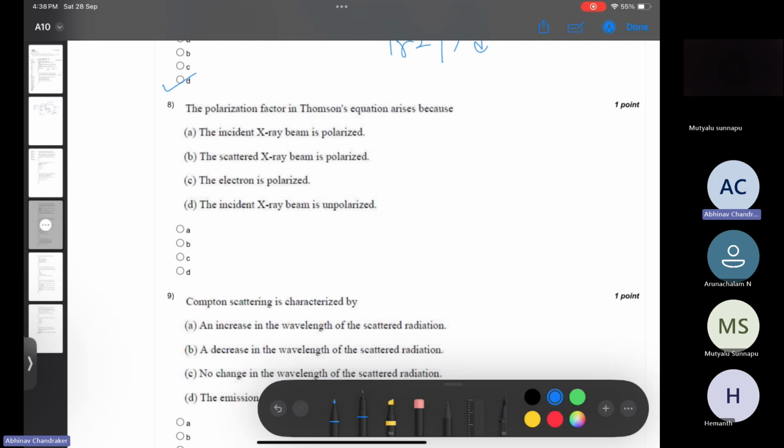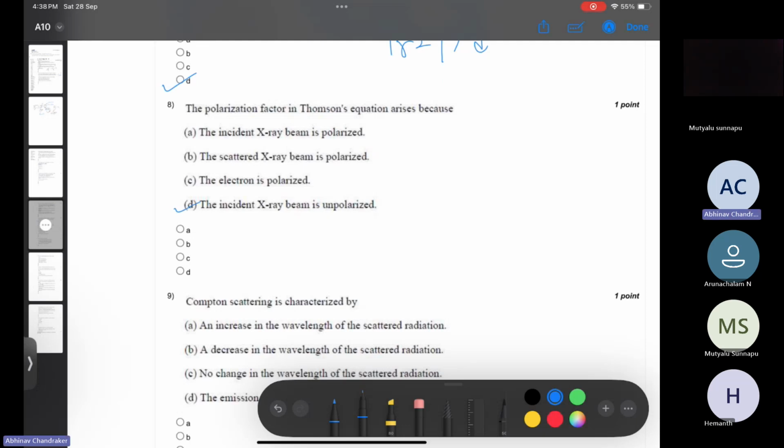The polarization factor in Thomson equation arises because the incident X-ray beam is unpolarized.